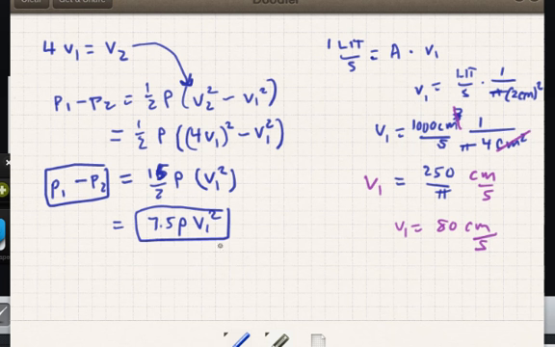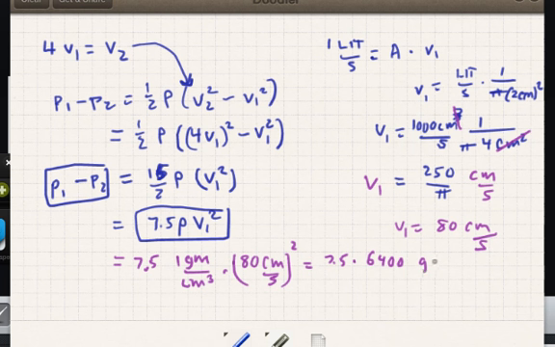And I know the difference here is 7.5 rho V1 squared. So 7.5 times the density, which is 1 gram per centimeter cubed, times 80 centimeters per second, squared. So it's equal to 7.5 times 80 squared, which is 6,400, in grams per centimeter second squared.